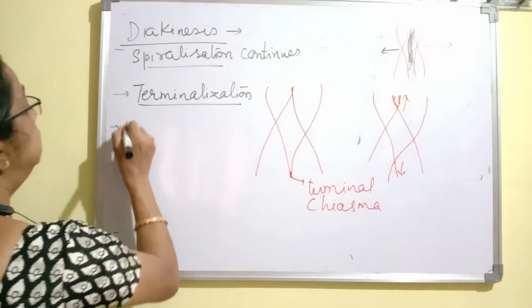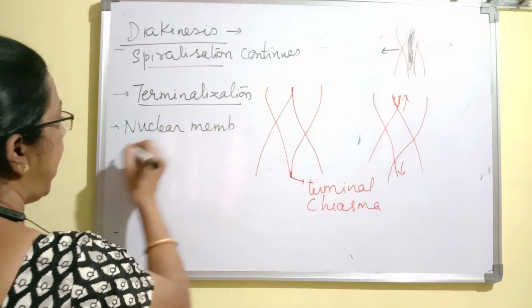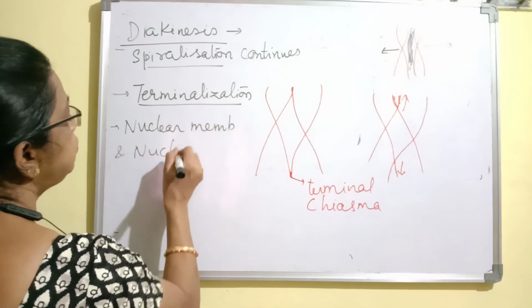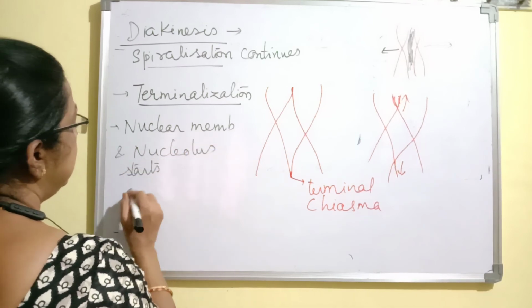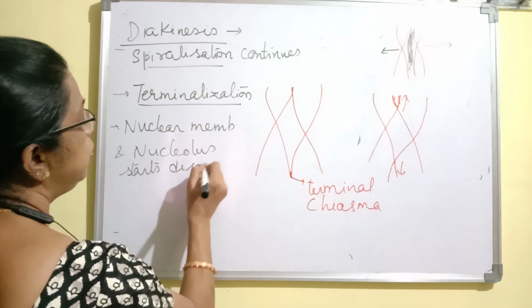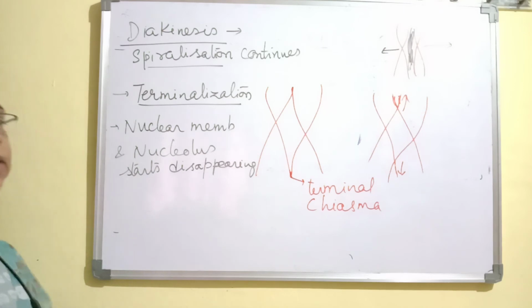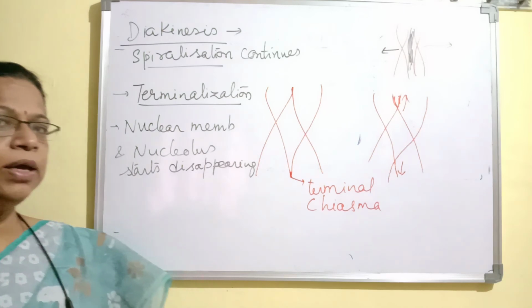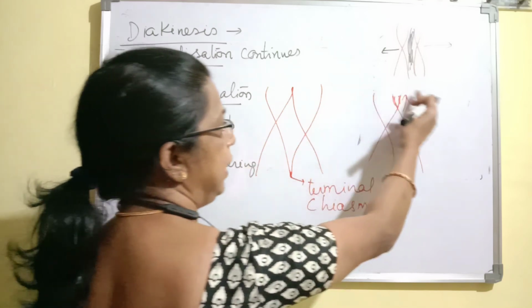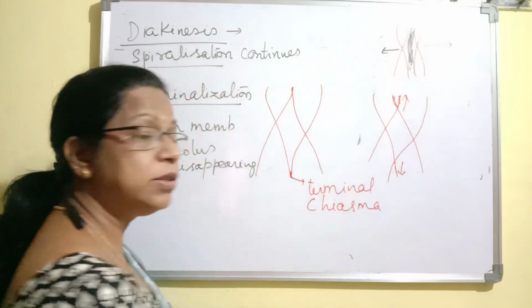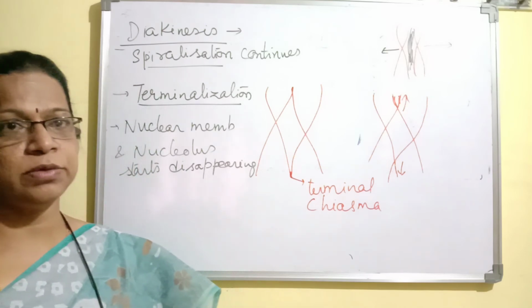Another change: the nuclear membrane and nucleolus start disappearing, disintegrating. Even during diakinesis, the bivalents are still attached by terminal chiasmata.